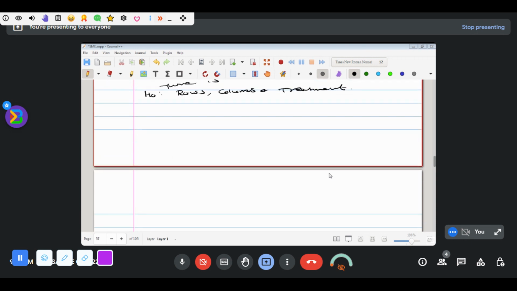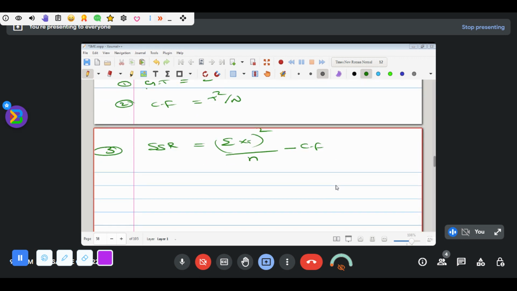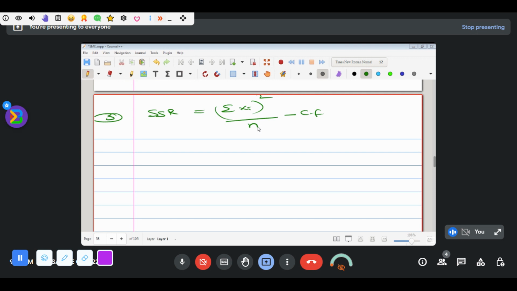Then what is the calculation part? The calculation part, up to 9, I write. The grand total and the corrected factor use the same formula as for one way and two way. And the next one, row wise calculation, is also the same formula. Here square means rows and columns are the same, therefore I am using n.